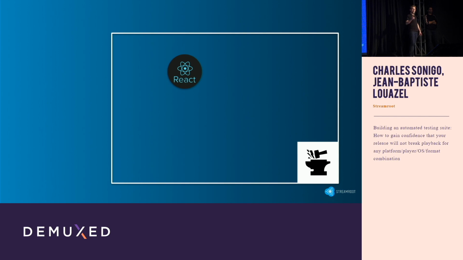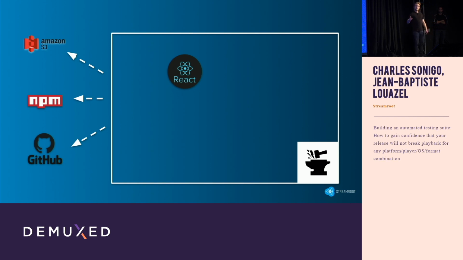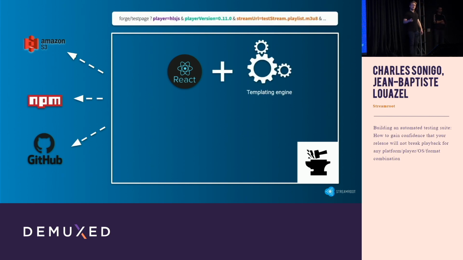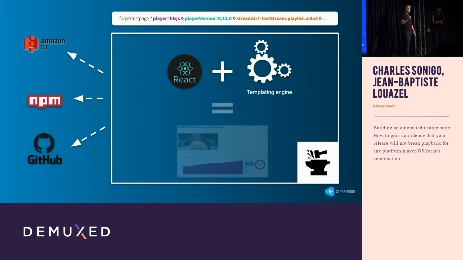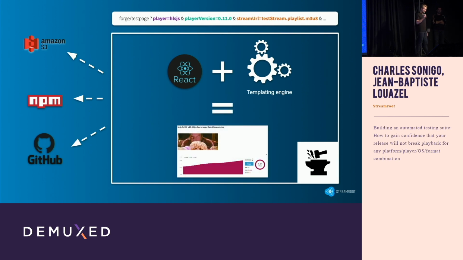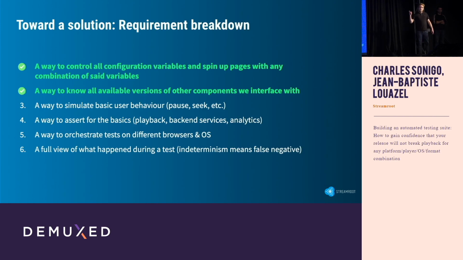In a nutshell, Forge is a web service created in React that does various things for us. It will fetch the versions from various sources of all the components we need, and by storing everything in its URL, it will be able to call its templating engine that will consume that to generate the final page. And here we have fulfilled our first 2 requirements.